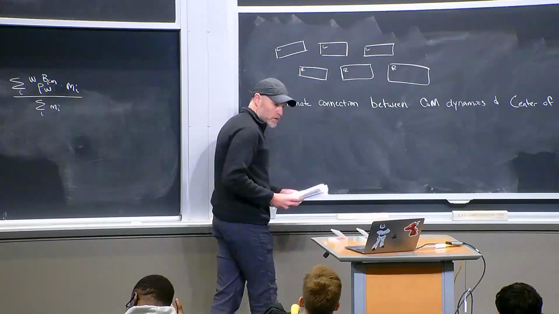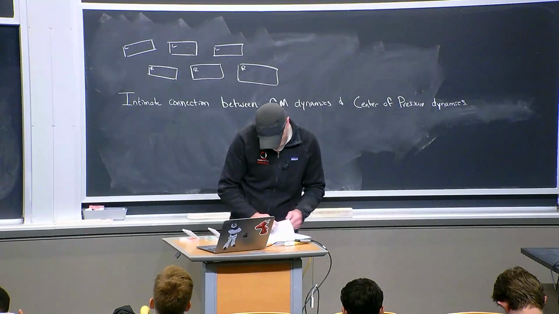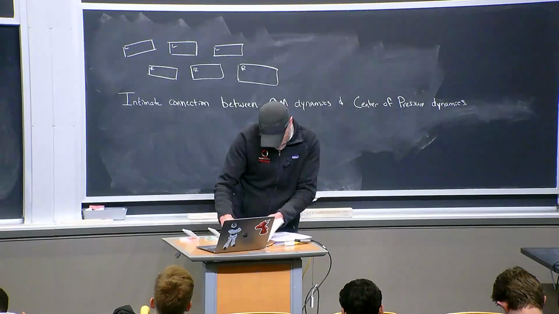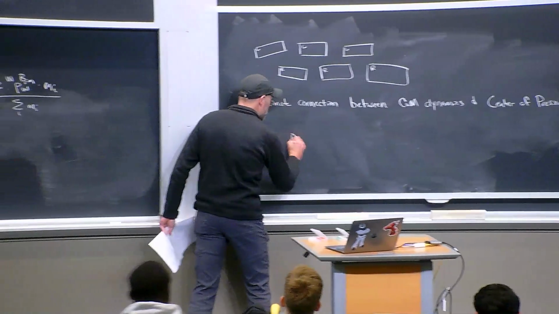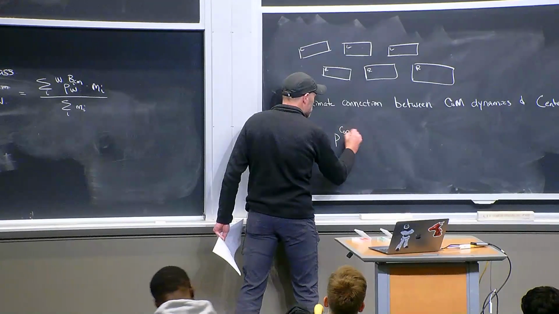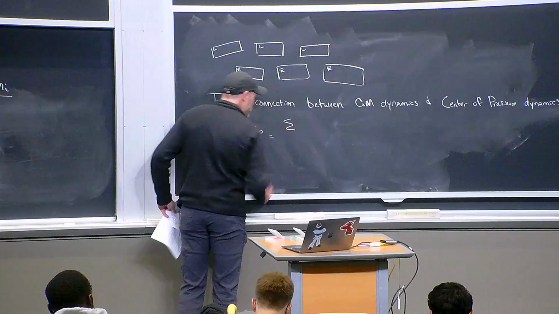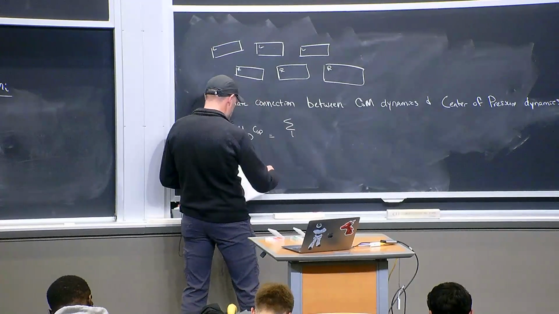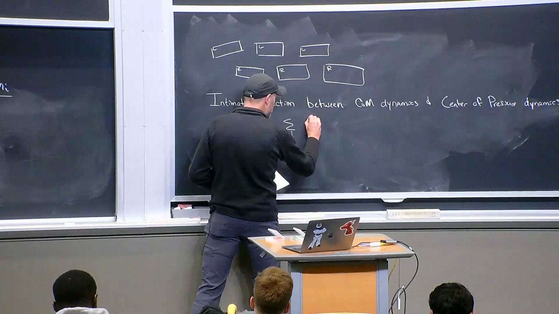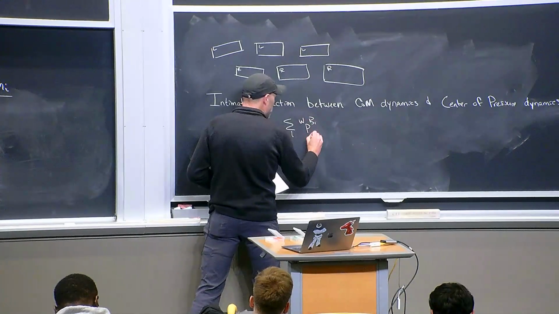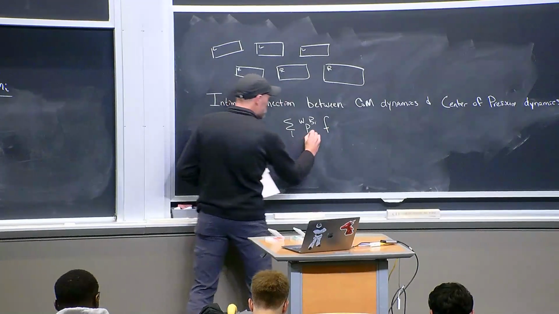Make sure I get my notation right here. The position of the center of pressure in, let's say, my world frame here is, again, a weighted combination of my different ground reaction forces. It's basically the force equivalent of the center of mass. I'll put them all in the world frame.